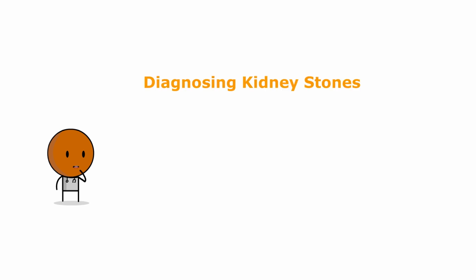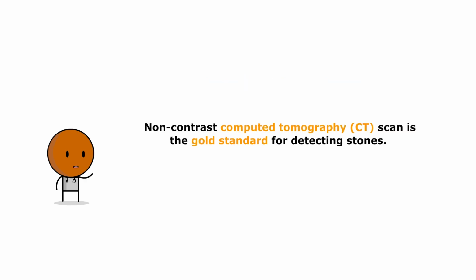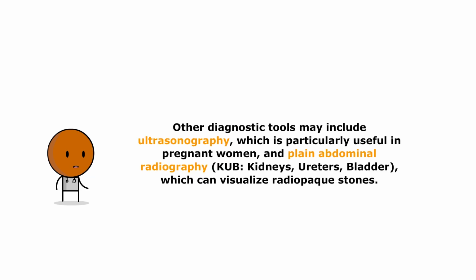But how do we diagnose kidney stones? The diagnosis of kidney stones involves a combination of clinical assessment and imaging. Non-contrast CT scan of the abdomen and pelvis is the gold standard for detecting stones. Other diagnostic tools may include ultrasonography, which is particularly useful in pregnant patients, and plain abdominal radiograph, or a KUB, which stands for kidneys, ureters, and bladder, which can visualize radio-opaque stones.